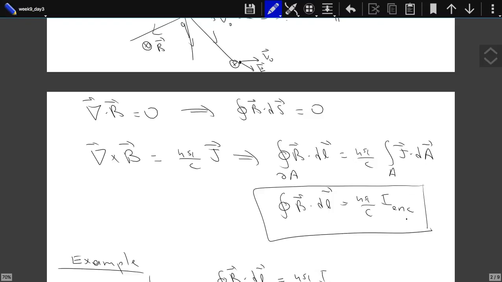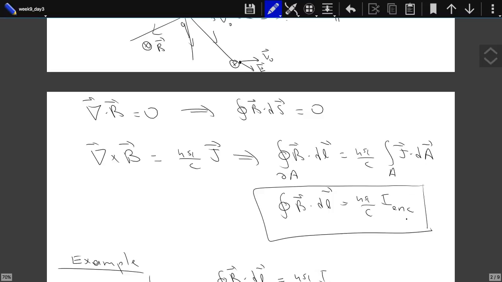So the magnetic induction field lines cannot terminate at any point, or they cannot start at any point. They should either go to infinity, or they should make closed loops. There's no other alternative.